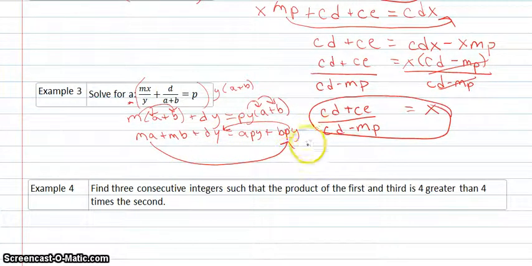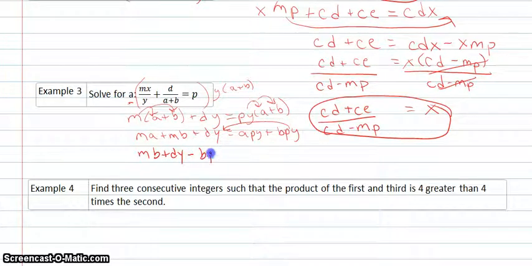So I'll have, well, let me just write this. nb plus by minus that bpy, and again I'm moving this to the other side, so it'll be equals apy minus na.